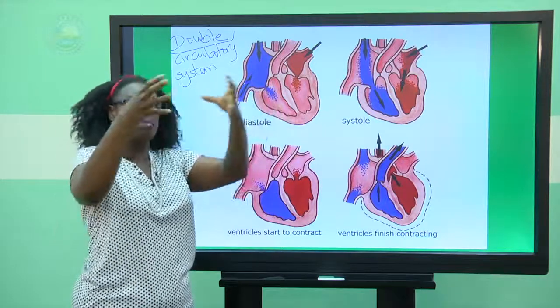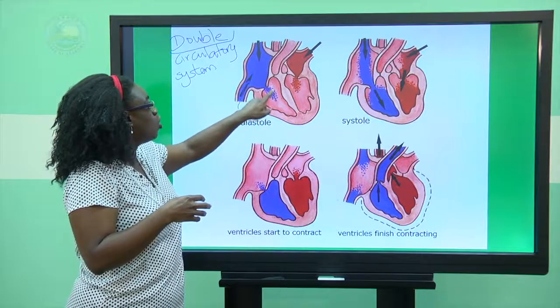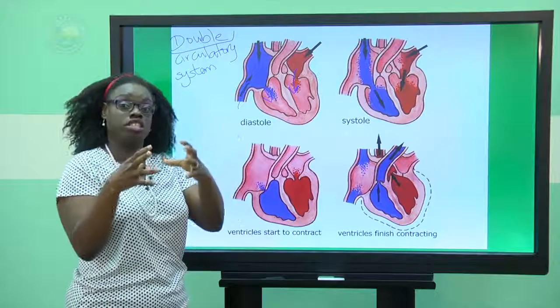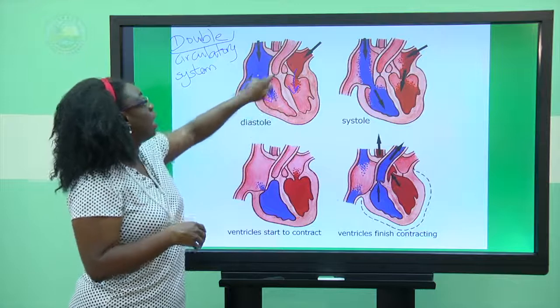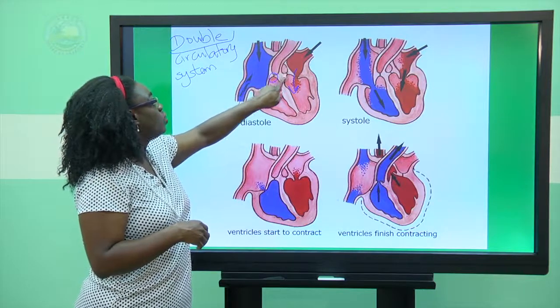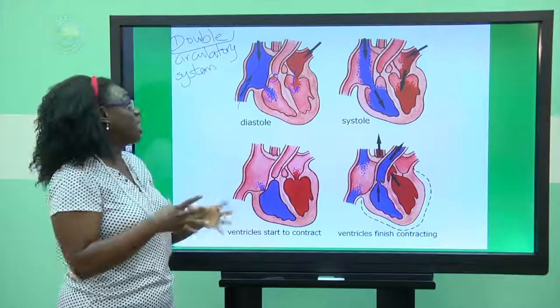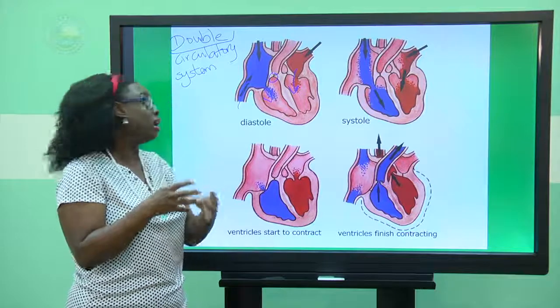And they both come in at the same time and naturally, or passively, feed into the ventricles. So there's no contraction taking place at this point. The blood is just naturally flowing through. And if you notice, these valves here, these are called semilunar valves. Those valves are closed. So when you hear that closing, that shutting, that's the first sound you hear when you listen to your heartbeat.